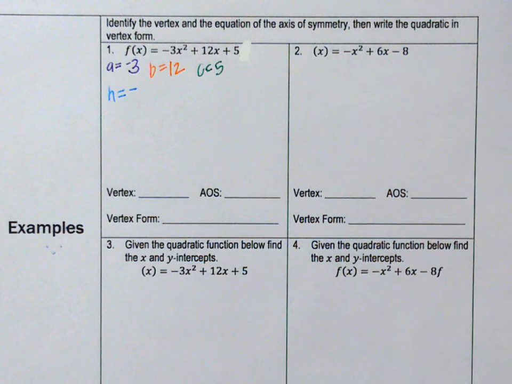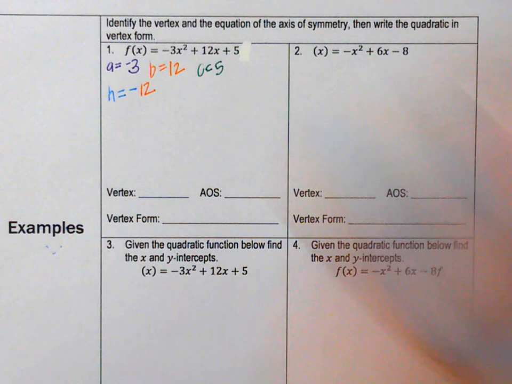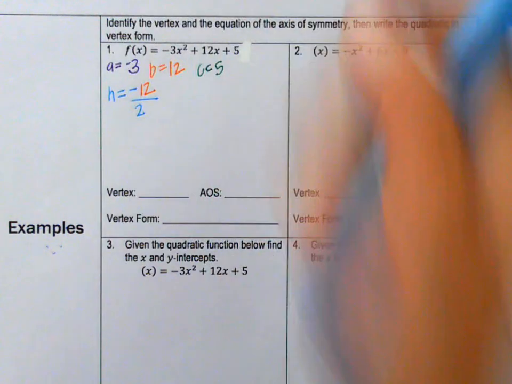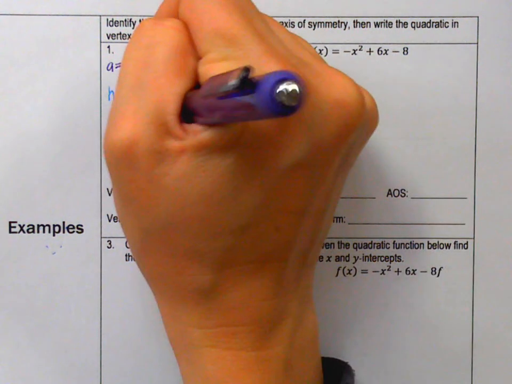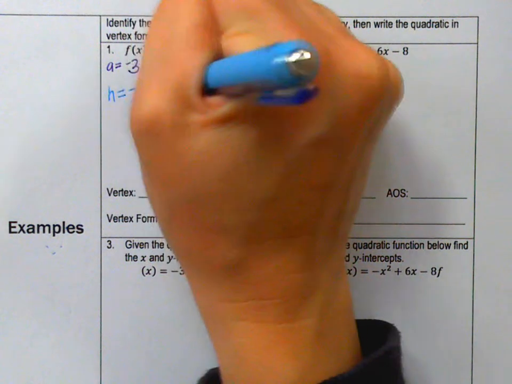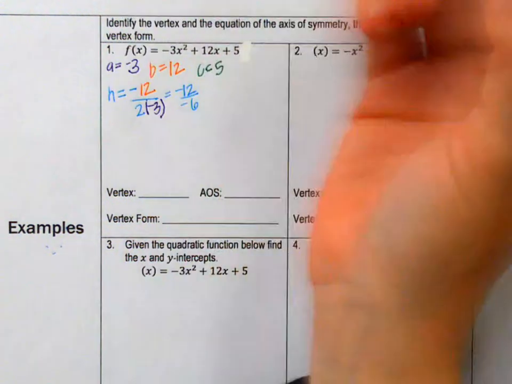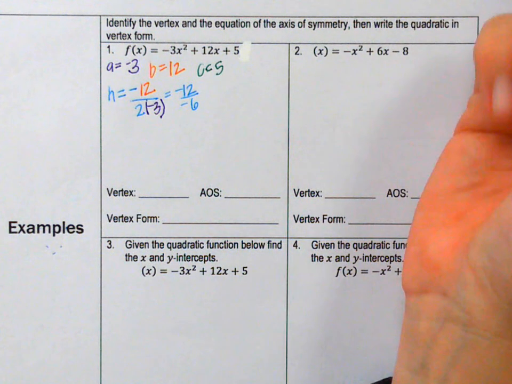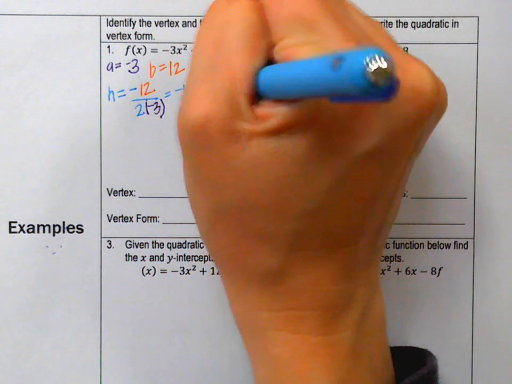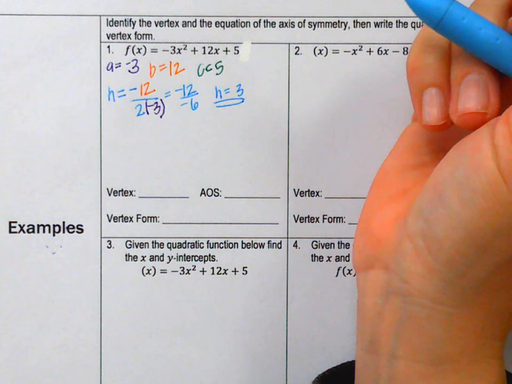So it was positive, now it's going to be negative, divided by 2 times A, and our A value is -3. So that gets us a -12 over a -6. So my H value, or my X value of my vertex, is equal to +3. No, +2.